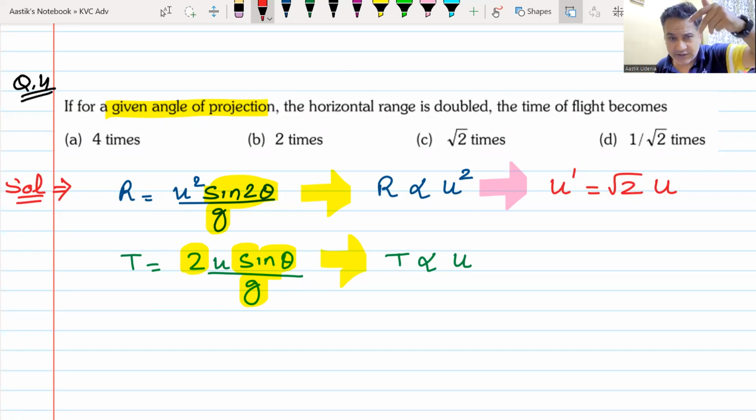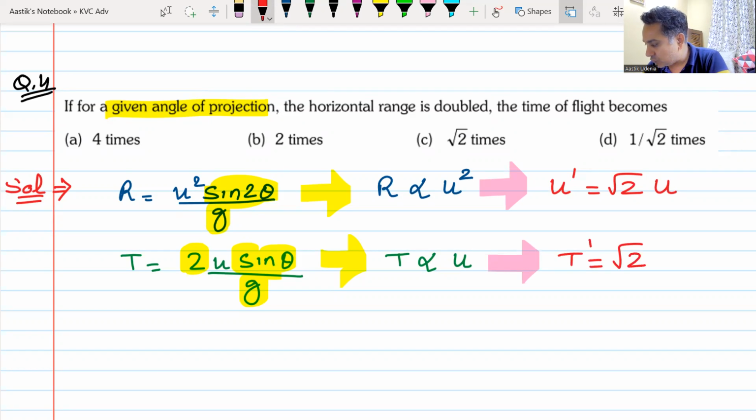If I have to double range, the initial velocity with which I throw it should become root 2 times. Do we understand this? If we understand this, then time of flight is directly proportional to u. So my new time of flight T dash will become root 2 times of capital T.